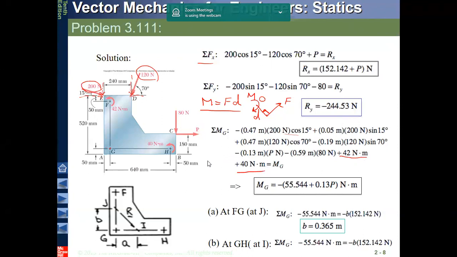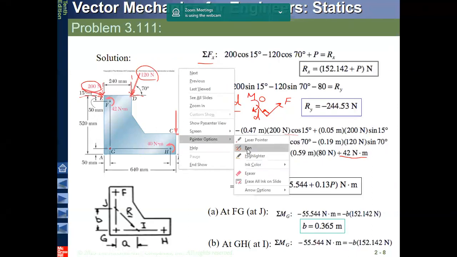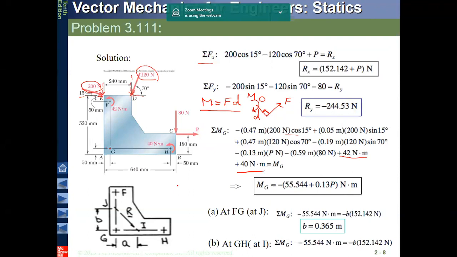So in two-dimensional cases, you assume that the counterclockwise would give you positive moments, and you then follow the instructions and calculate the moments.